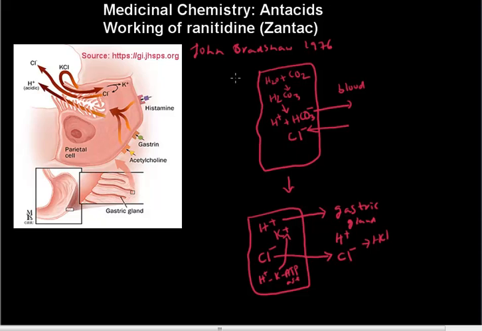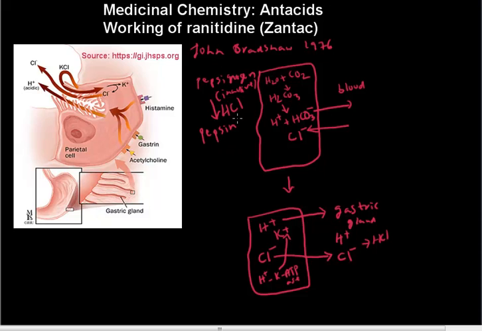So pepsinogen to pepsin. Pepsinogen is inactive, and the active version of the enzyme that is needed is called pepsin. Many of you are aware of this. That activation takes place in the presence of hydrochloric acid, and then that pepsin is used to break down or digest some of the protein in the stomach.